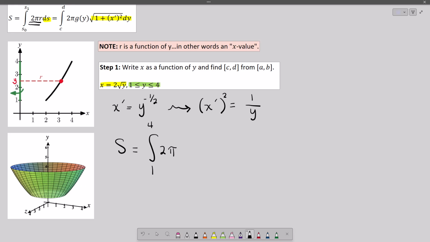Right, we converted our function to an x value, so it's now measuring in the x direction 2 square root of y. So there's the 2 pi r part. The ds part is this. So that's the square root of 1 plus x prime squared. And we already squared x prime just above. So there's our setup.